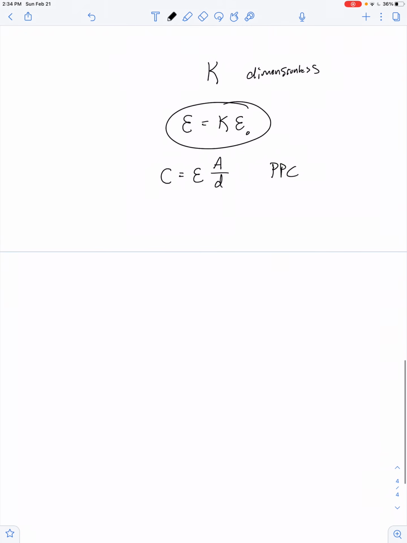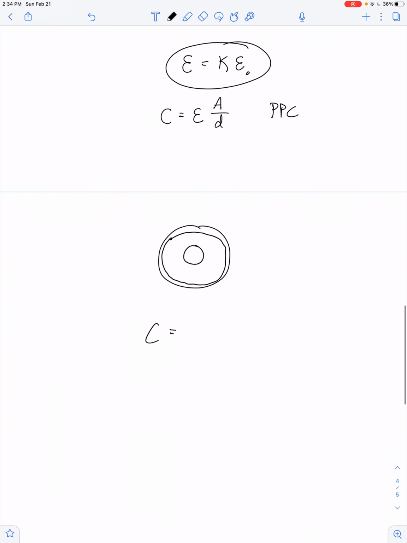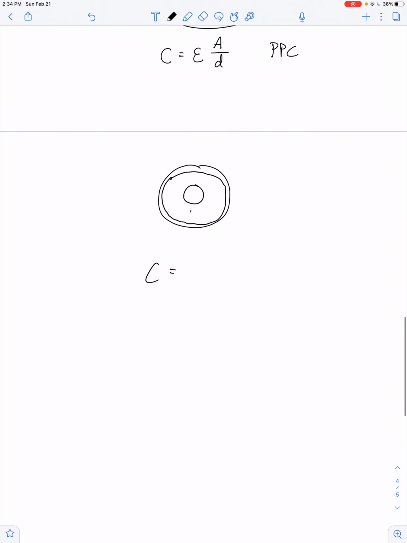Now we also know the formula for the spherical capacitor. It's equal to, if it's all air in this space right here, 4 pi epsilon naught AB over B minus A, if A is the radius of the inner solid sphere and B is the distance to the inner surface of the outer spherical shell.